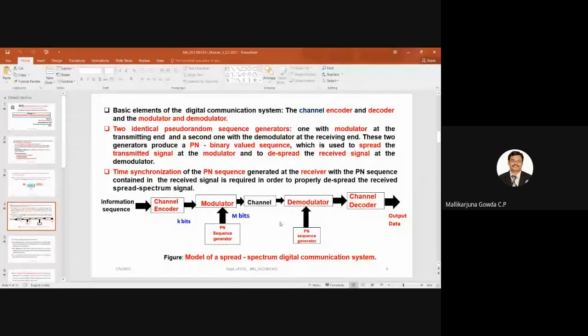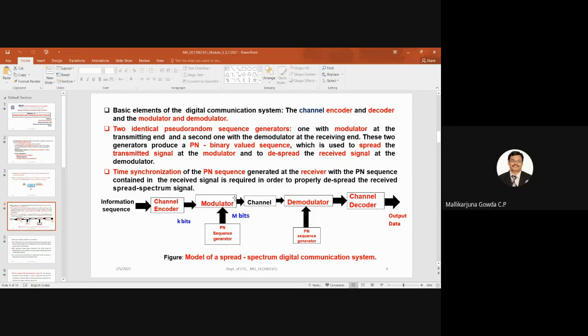So what we do here is spread the information sequence using this pseudo noise sequence generator, and then we do the modulation, either BPSK or FSK. Accordingly, that spread sequence will be either phase modulated or frequency modulated.